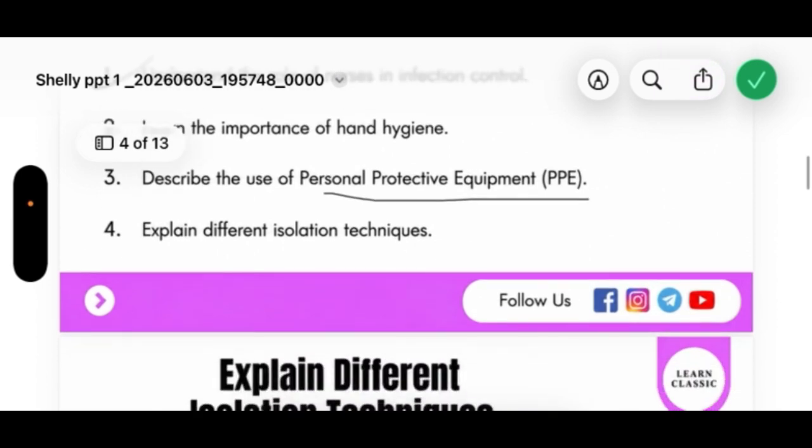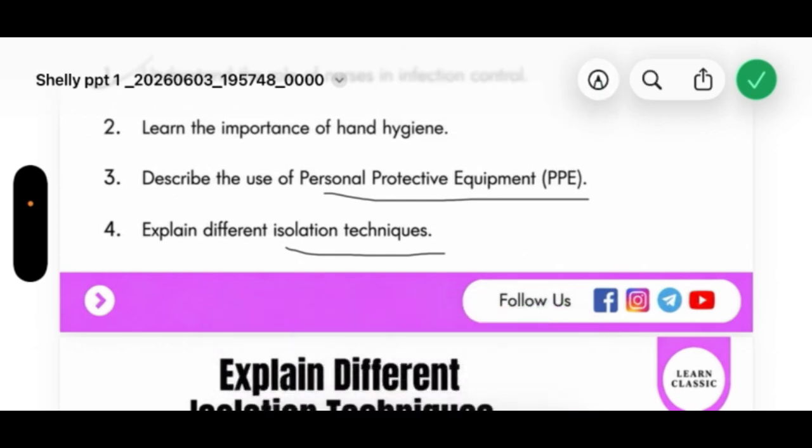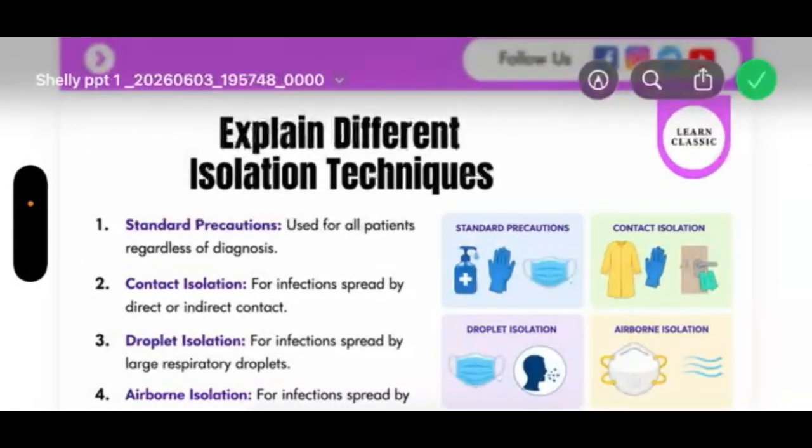And explain different isolation techniques. The isolation techniques have to be differentiated properly, otherwise by contamination of many patients, the infection will spread on a larger scale. Now we will discuss the different isolation techniques.